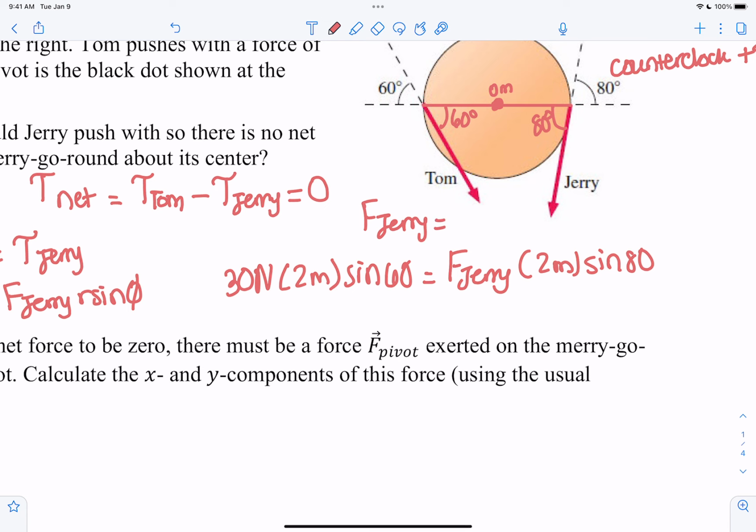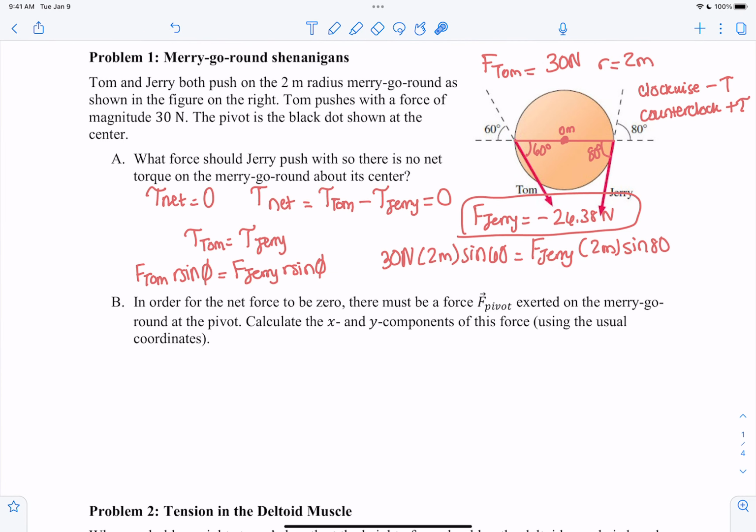around 26.38 newtons. And then you also have to indicate that this is a negative force. Why? Because in this case, our end value that we get here for F Jerry is going to give us the magnitude.